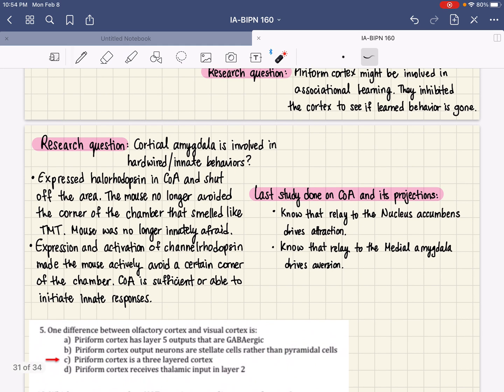The last study that Dr. Ru talked about, I think this was the one that he did in his lab. I didn't include too many details, partly because I'm tired and partly because he kind of also jumped through it. But I would definitely say, if there's one thing that you're going to remember from this talk, know that the relay to the nucleus accumbens drives attraction, and that the relay to the medial amygdala drives aversion.